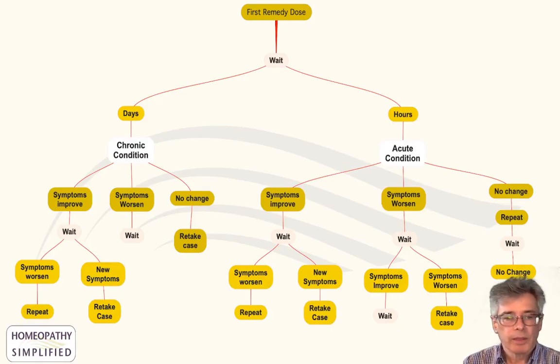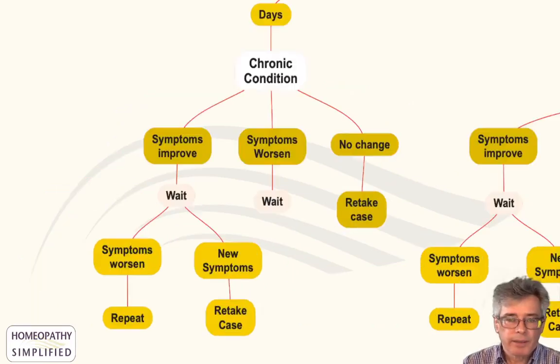I'm going to zoom in on this left-hand side, which is the chronic disease, so you can read it better. So these are three essential options. If the symptoms improved, the best thing to do is wait, and we wait until either the symptoms worsen, in which case we could repeat. However, if we wait and there are new symptoms, we would actually retake the case and re-prescribe.